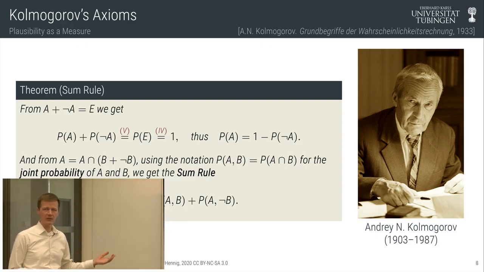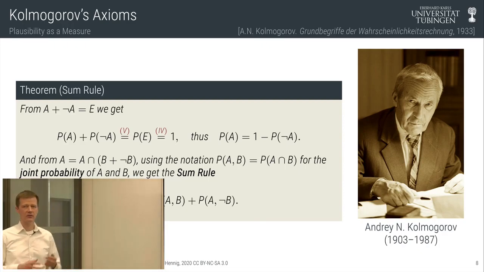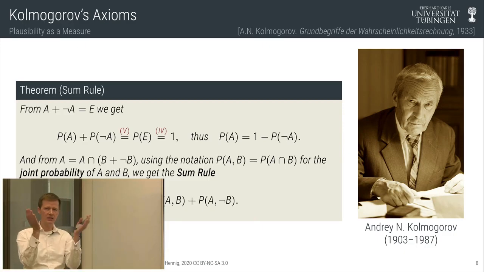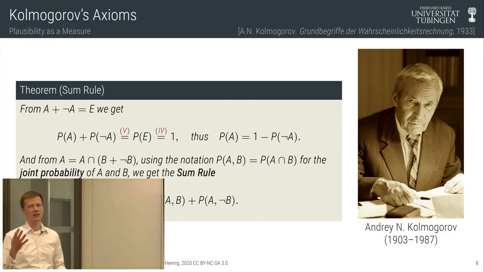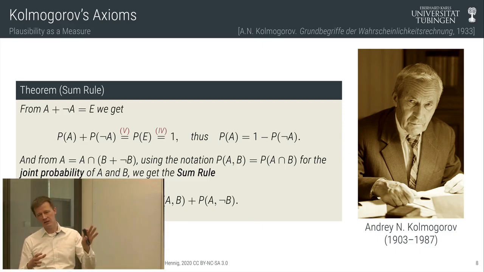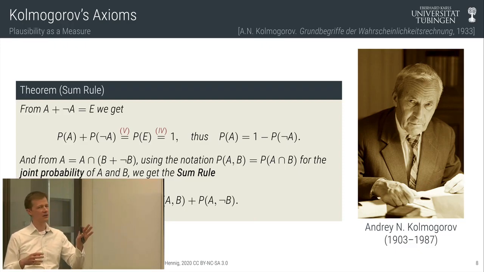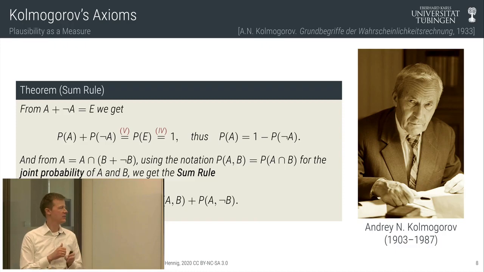I'll just state it and then I'll tell you why it's useful. So the sum rule is a very simple observation. Notice that the entirety of the atomic events, E, can be written as the sum of any element of the sigma algebra, any A, and its complement, of course. That's really just a definition of the complement, right? That's not even an axiom, it's just a definition.